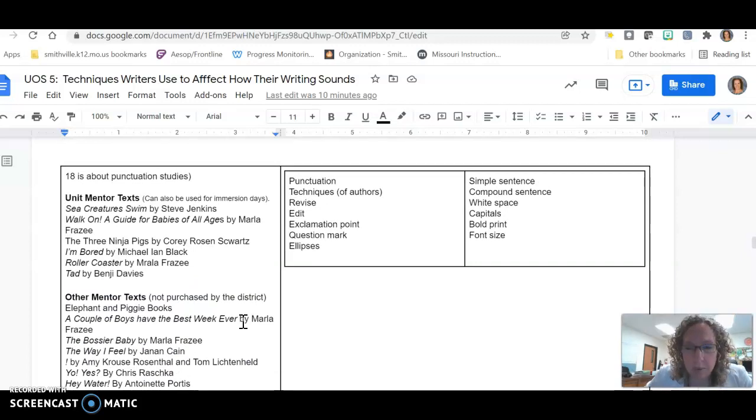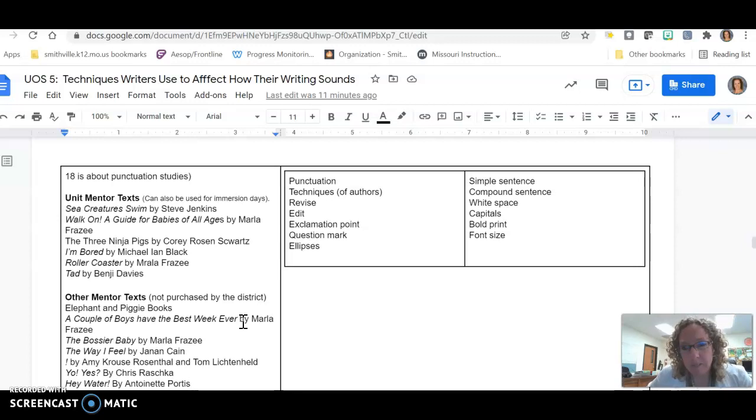With mentor texts, I would definitely encourage you to try to read those mentor texts before the unit starts. So maybe when you come back in January, if you're working on PBIS routines and writing workshop doesn't look totally like it normally does the first couple of days, you could use those days reading some of these mentor texts, especially in first grade, because we have such limited amount of time of writing workshop, which is not your guys' fault.